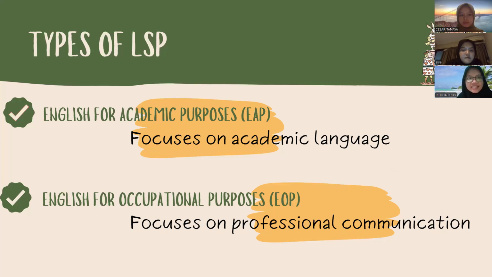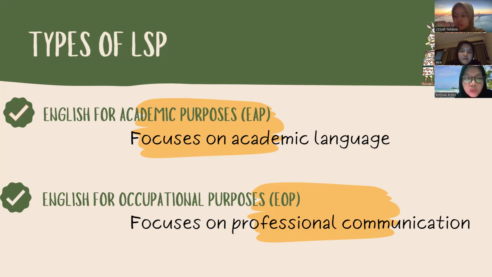All right, the next is the types of LSP. So actually there are two types of LSP. The first one is English for Academic Purposes, or EAP. This focuses on academic language such as essay writing, research papers, and academic presentations.